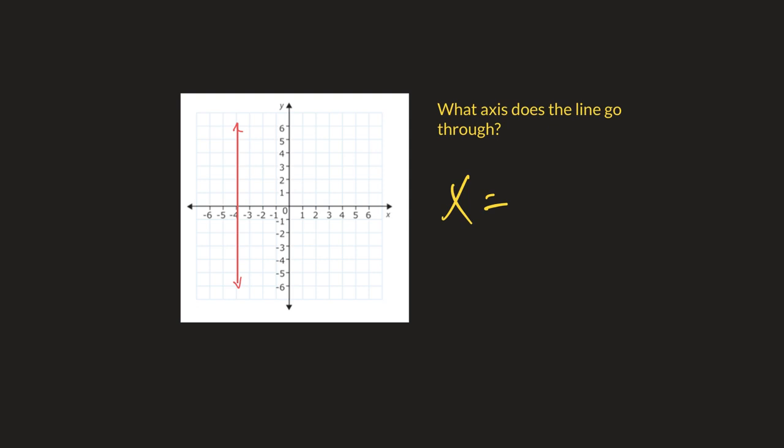The equation of a vertical line is always going to start x equals, because a vertical line is going to go through the x-axis. Which number did that line go through? Negative 4. X equals -4 would be the equation that describes this vertical line.